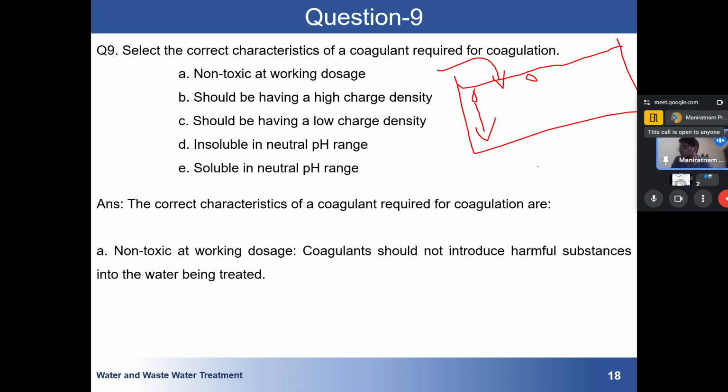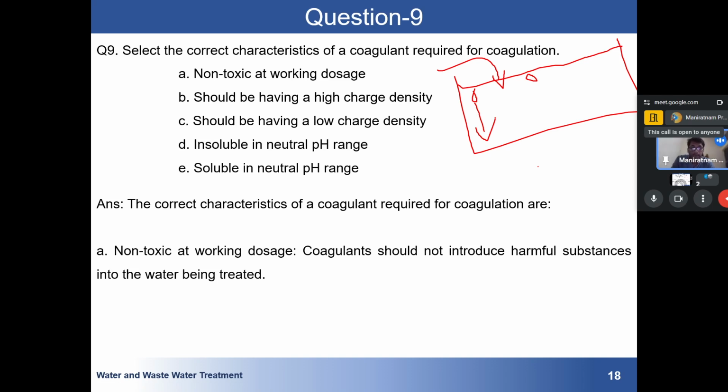Some also use hydrated ferrous sulfate, that is FeSO4.7H2O. But those iron salts have a very high working pH, generally around 9. So generally they are not used. The most common used in water treatment is alum.